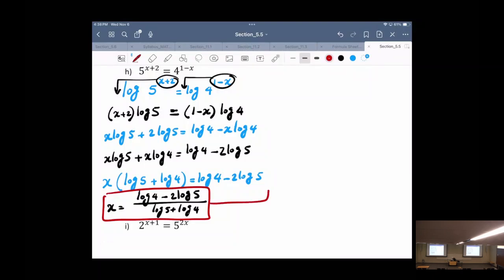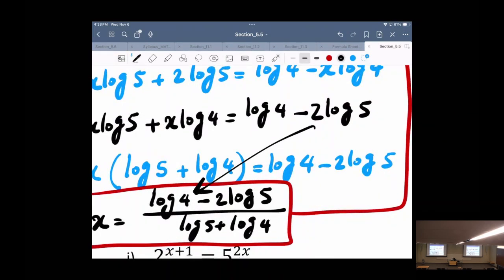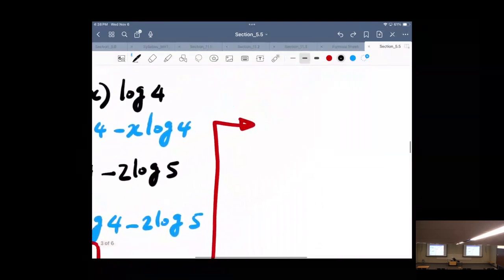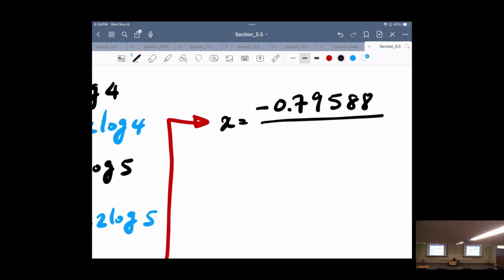Because I'm running out of space here, let me put that here. I've done that. And I got, for the numerator, I calculated log of 4 and 2 log of 5, and then I subtracted them from each other, and I got minus 0.79588 divided by 1.3010.